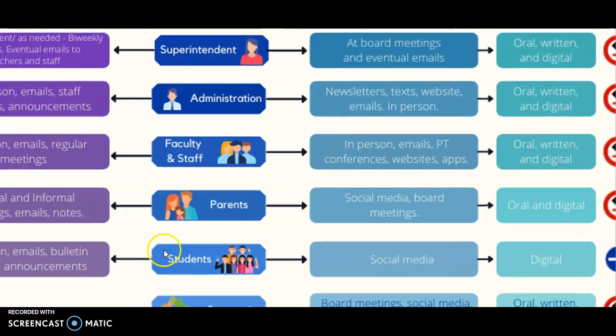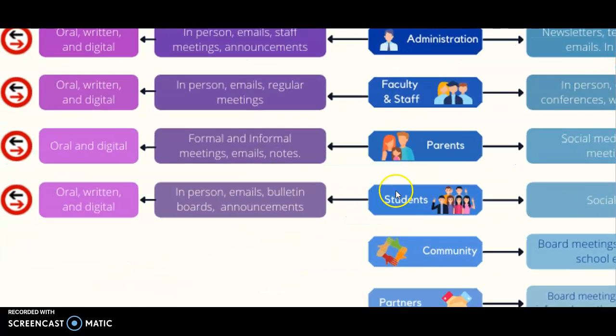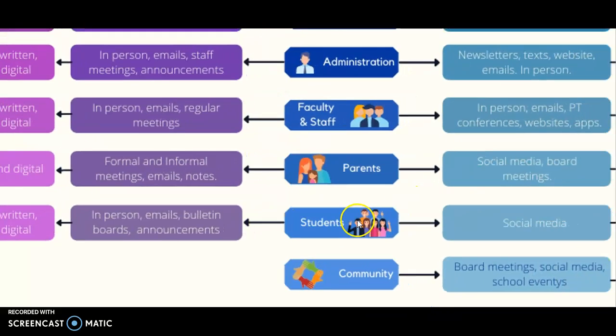Students do communicate with teachers and other people from our school in person and by emails. They also create bulletin boards and announcements, and communications happen in oral, written, and digital ways, and it is two-way communication.